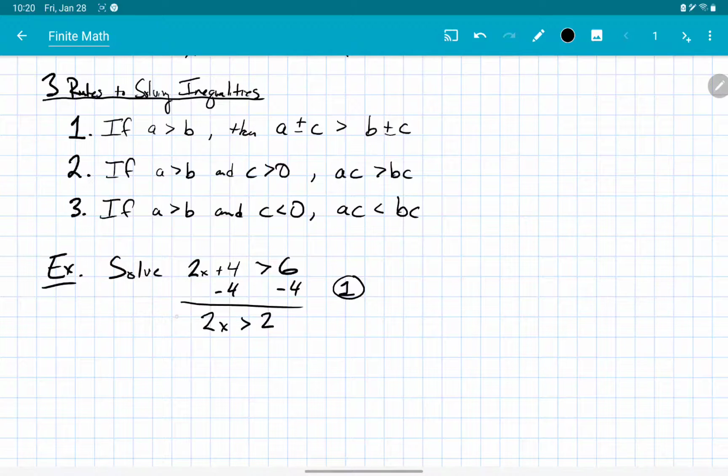Then we multiply both sides by 1/2. That's property 2 because 1/2 is a positive number, and we get x bigger than 1. So as long as x is bigger than 1, it is true that 2x plus 4 will be bigger than 6. And of course, what it means to solve an inequality is to get down to a bold statement where you isolate the one variable and say it's larger than some number. That's what it means to solve.